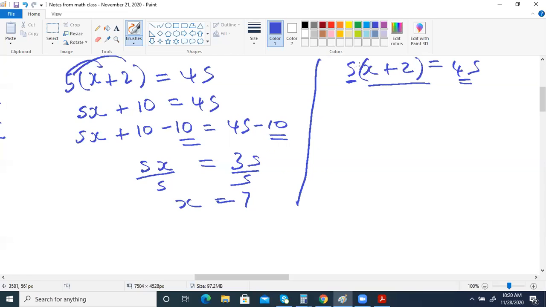So I just want to emphasize that this is 5 times this bracket. Just as though you can say 5 times this bracket, I can just divide by 5 here, divide by 5 here, cancel out this 5, and I get x plus 2 equal, what's this? 9 5s are 45, so that's 9.